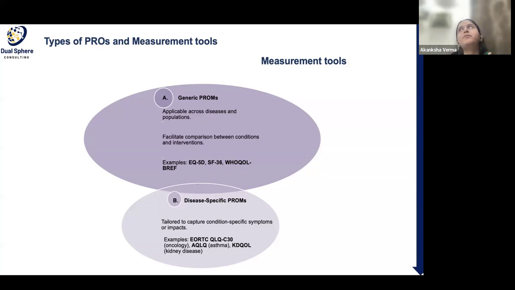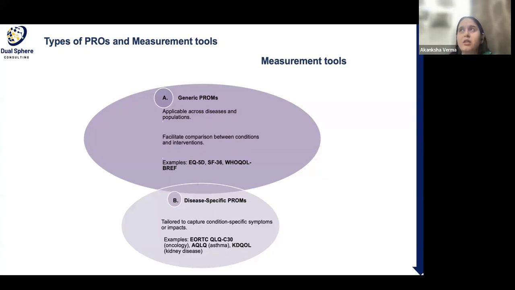For example, how do you do that? You have a questionnaire. These tools are basically a list of questions. Okay, and if you want to compare two disease conditions, or let's say two treatments for diabetes, you will apply the same questionnaire to one patient who is taking one type of diabetes drug, and the same questionnaire you'll apply to a person who is taking the other diabetic drug.